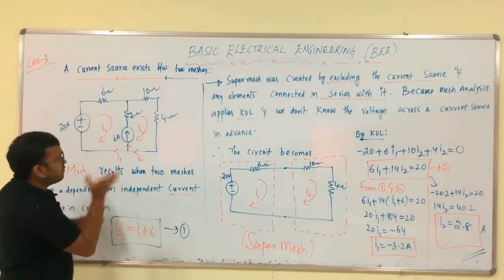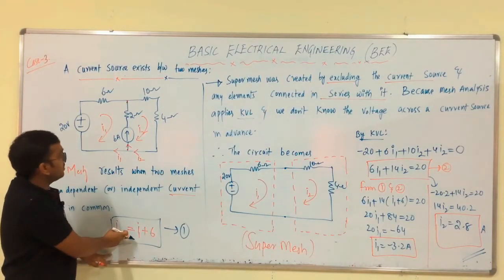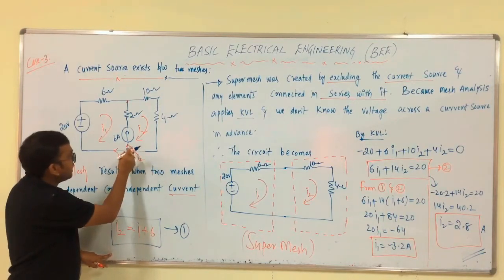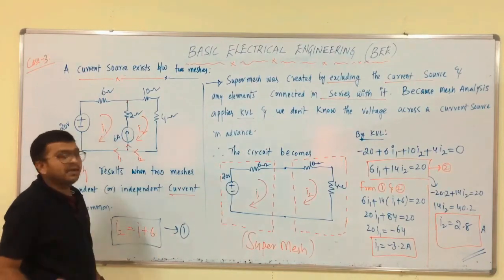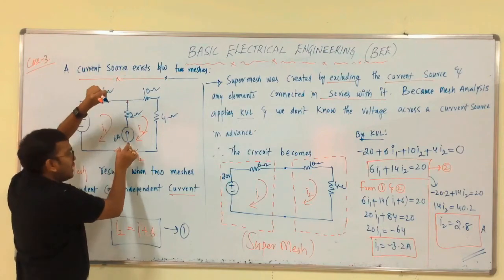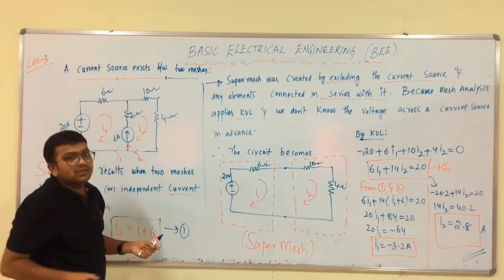If the problem is given like this, first we have to write the equation based on KCL. Here the entering current is I2, and the leaving currents are the given 6 amp and I1, so I1 plus 6. Then we have to exclude this part, the current source and the elements connected in series with it.